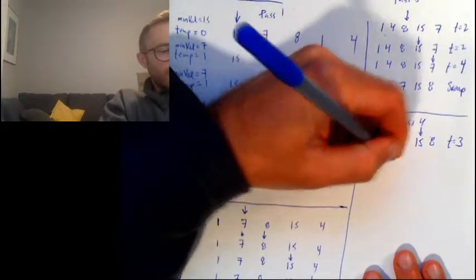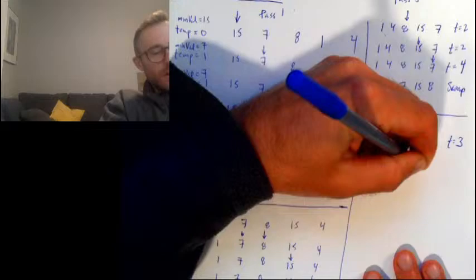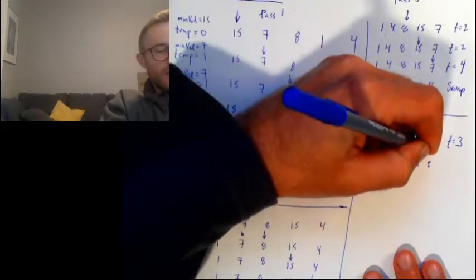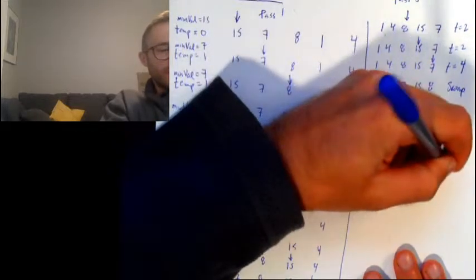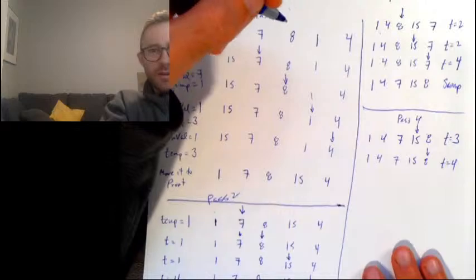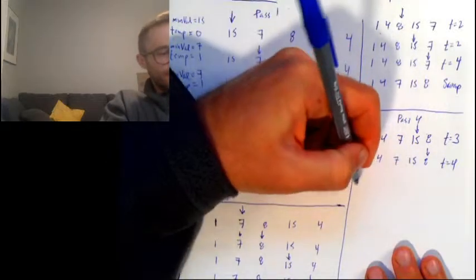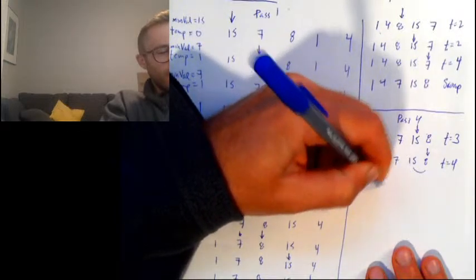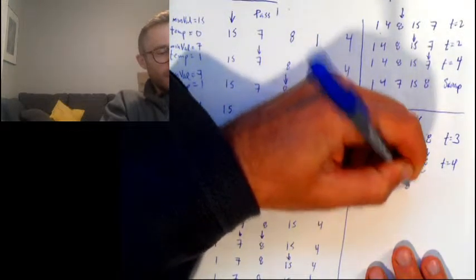Then I focus my attention on 8. 8 is less than 15, so now my temp is 4. Okay, and I move it to the front of the unsorted part, so I swap it with 15. So 1, 4, 7, 8, 15.